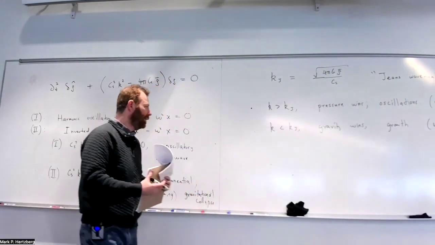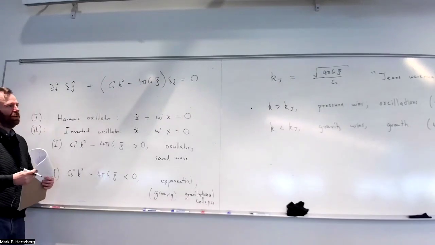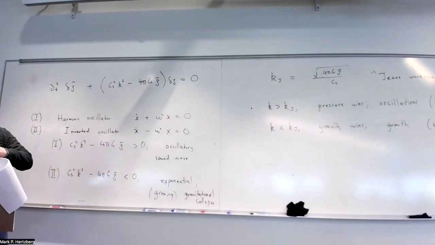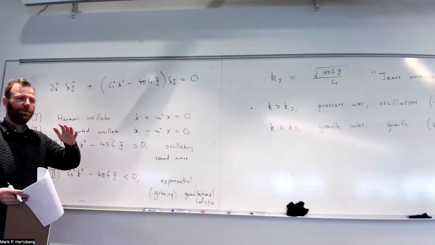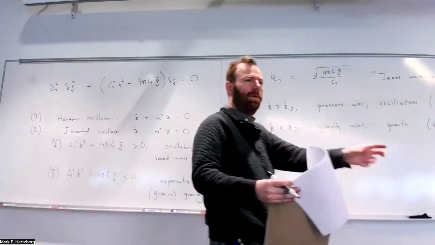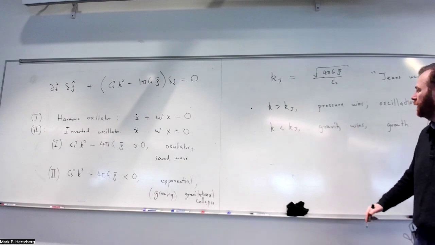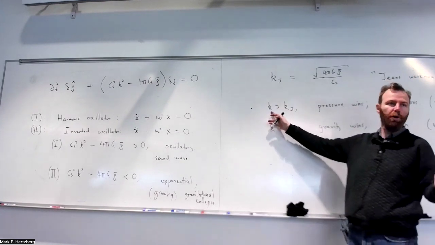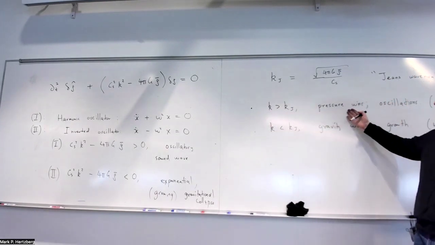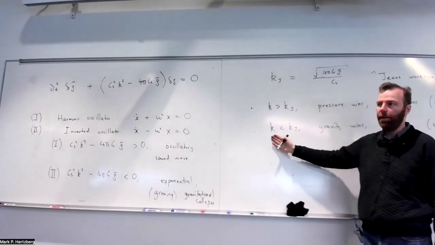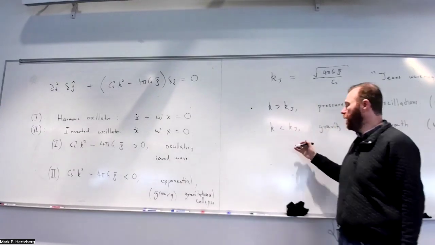Now we can check that this is happening on different length scales. We could imagine our perturbation has all sorts of different modes, some short wavelength, some long wavelength. And we're seeing here that at high wave number, which is short wavelength, pressure wins, and at small wave number, or long wavelength, gravity wins.